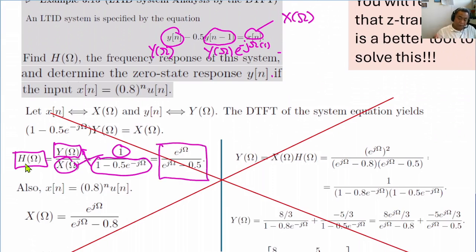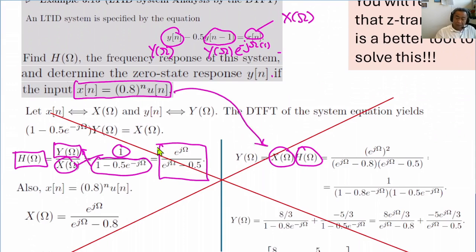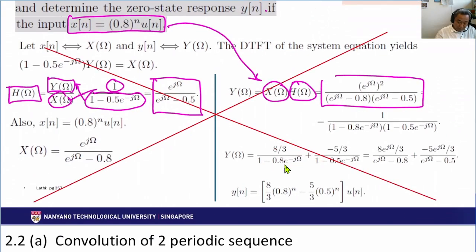Alright, once you have H of omega, you can then multiply by X of omega, whatever is given, in this case this signal over here. And then you can find Y of omega, and then by inverse Fourier transform, you can find y of n.